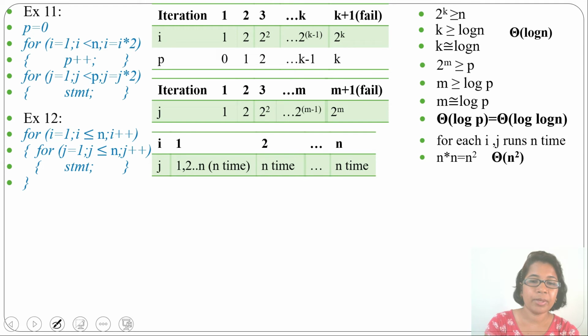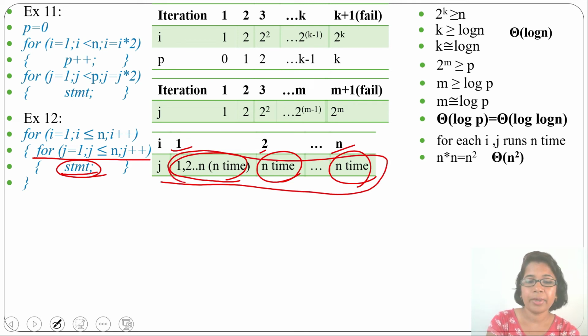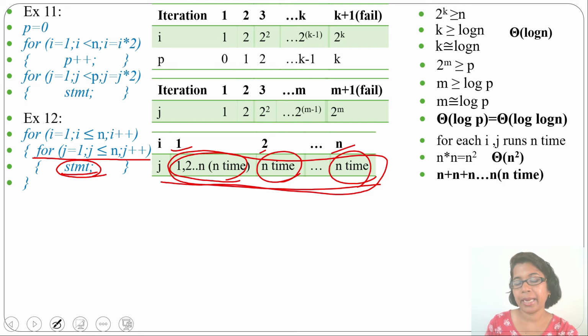We need to check how many times the basic operation will execute. Here this statement is the basic operation, and it will execute as many times as this for loop executes. For i equals 1, this for loop will execute n times. For i equals 2, this for loop will execute n times. For i equals n, this for loop will execute n times. So we can simply add how many times j will run: n plus n plus n times, that we can write as n multiplication n or n square.